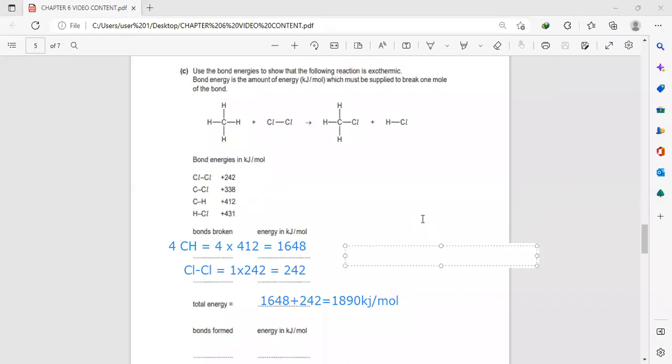Now we are going to check about bonds formed. The product is CH3Cl. How many CH bonds are there? 3 CH bonds.